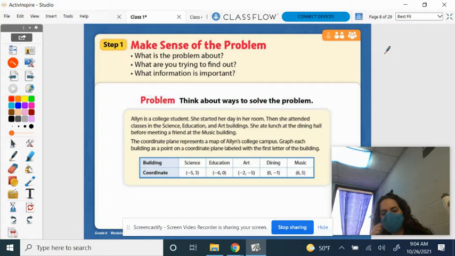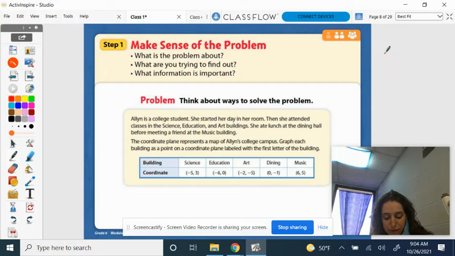She started her day in her room and then she attended classes in the science, education, and art buildings. She ate lunch at the dining hall before meeting a friend in the music building. The coordinate plane represents a map of Alan's college campus. Graph each building as a point on a coordinate plane labeled with the first letter of the building.